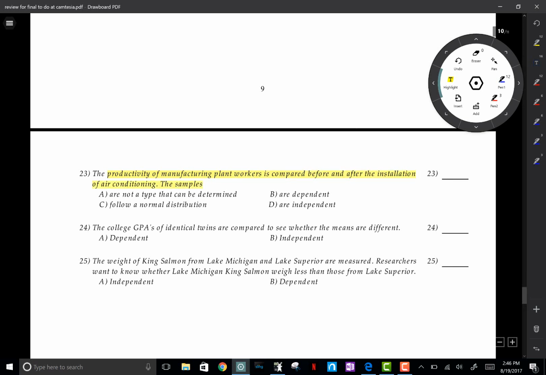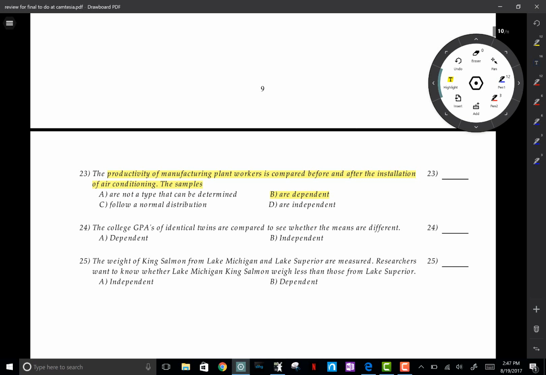Since it's a before and after, it is a typical dependent data set. They're going to see how productive the workers are before and after they install the air conditioning. So we're going to keep the same workers, but see before and after. So that way 23 will be dependent.